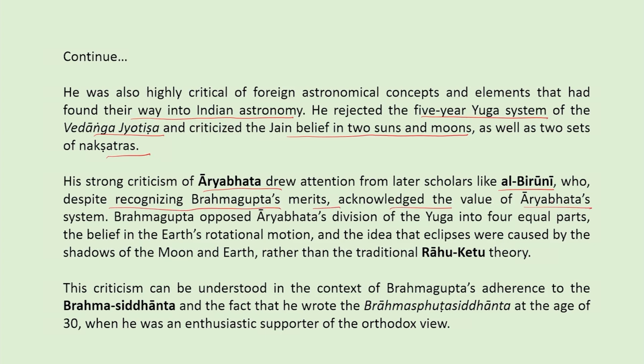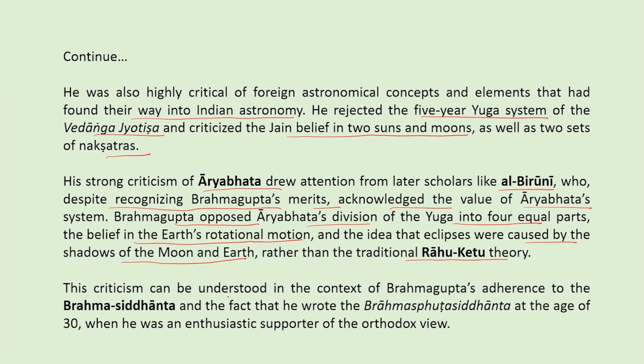of Aryabhat's system. Brahmagupta opposed Aryabhat's division of the Yug into 4 equal parts, the belief in the earth's rotational motion, and the idea that eclipses were caused by the shadows of the moon and earth rather than the traditional Rahu Ketu theory.